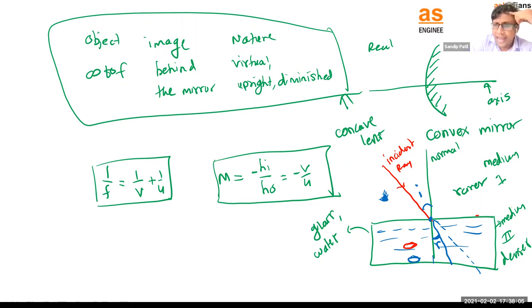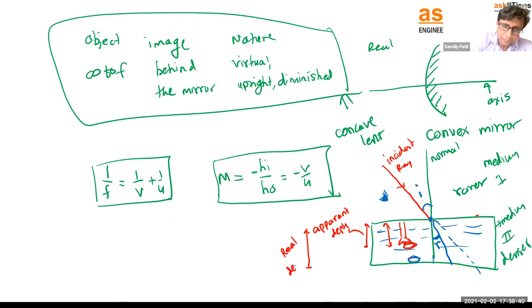If you insert your hand up to this point, there will be nothing, because the coin is at the bottom, and this is the part where you feel the coin is. So this is called, remember, the apparent depth, and this whole part we can call the real depth. Apparent depth and real depth.